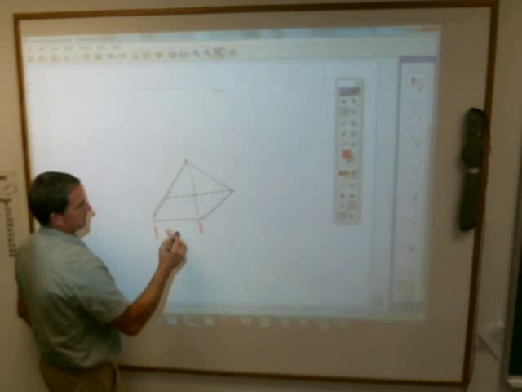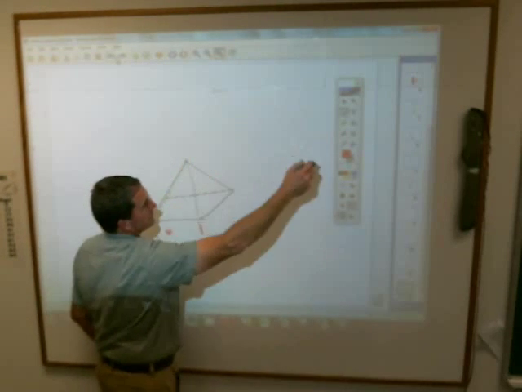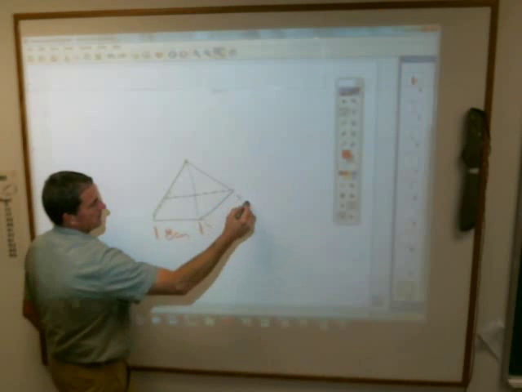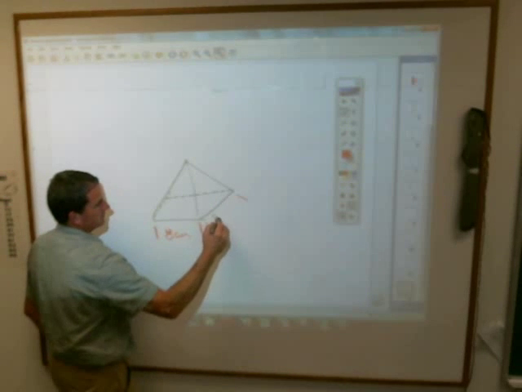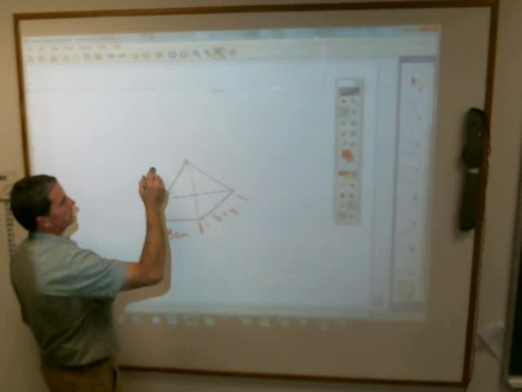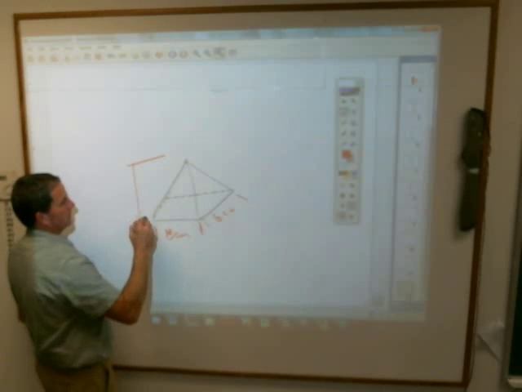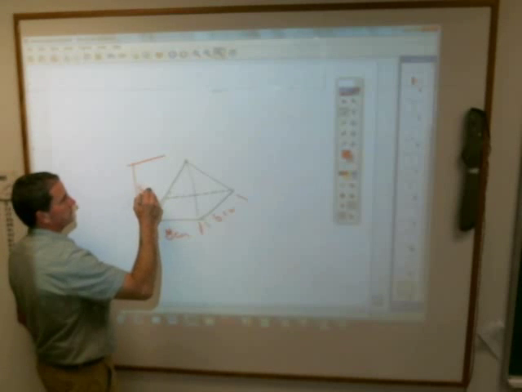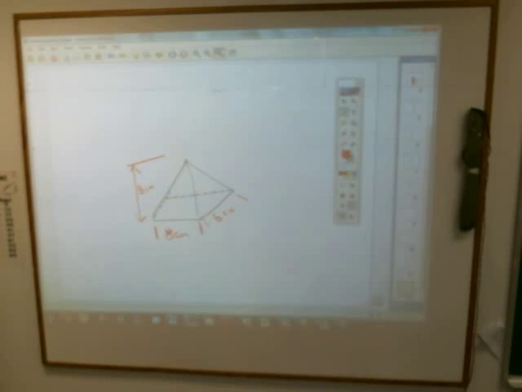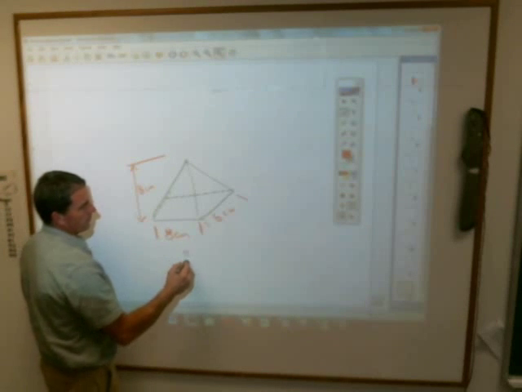Let's say this is 8 centimeters, and this is 8 centimeters, and this is 8 centimeters. What would the slant height be of that?